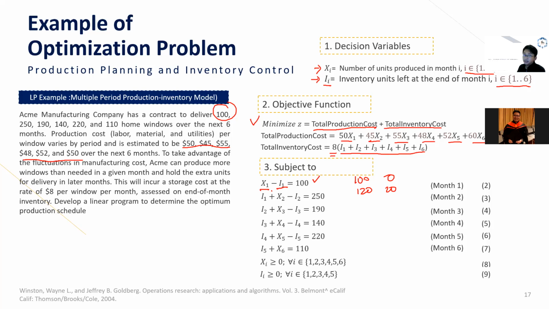Take an example, let's say from this case, you know that the first month production cost is 50 and the second month is 45. Perhaps you want to produce more in the second month and then use it as inventory to fulfill the demand in the following months.